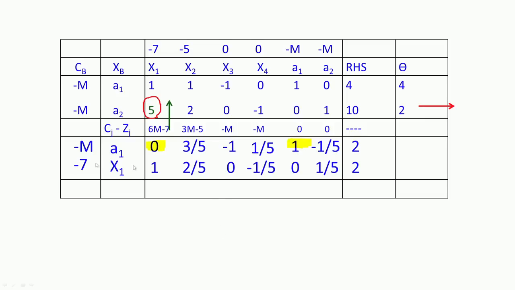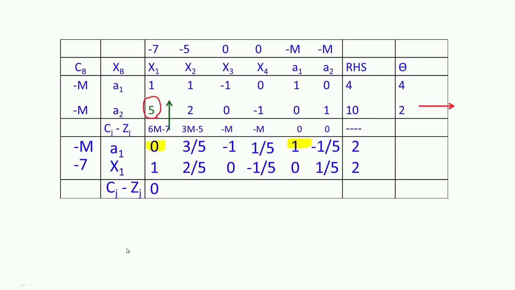So we have now completed this and we have to write the Cj minus Zj values. So minus m into 0 plus minus 7 into 1 is minus 7. So minus 7 minus minus 7 is 0.